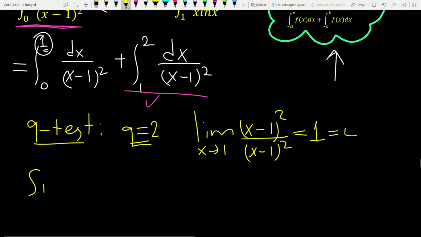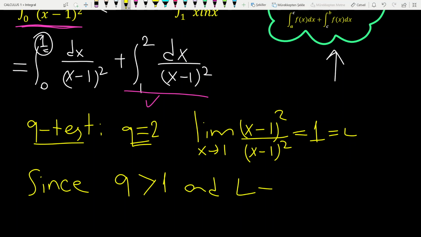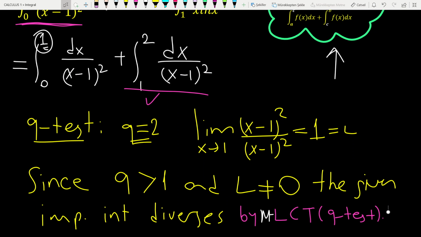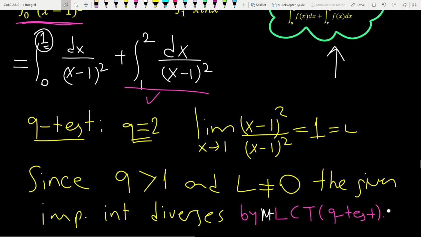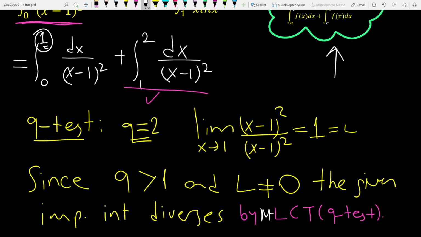Since Q is greater than 1, and L is not equal to 0, the given improper integral diverges by the modified limit comparison test or Q test.